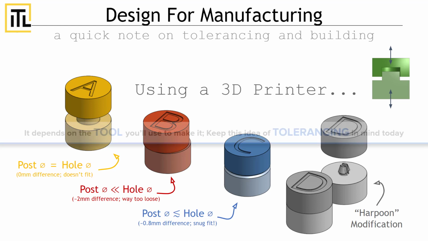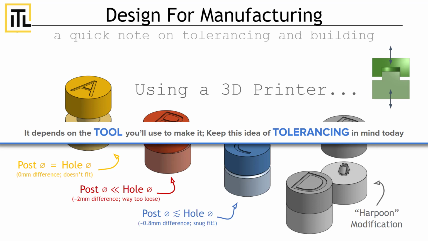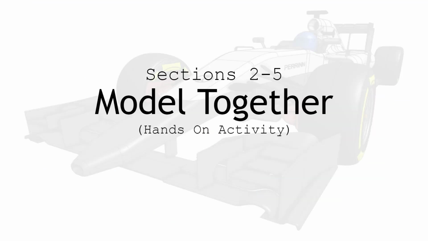Whatever the solution, just note that the tolerances needed to mate multiple parts together depends heavily on the manufacturing process. For instance, using a 3D printer, while fast and accessible in some cases, is far less precise than using a CNC mill. And with that, our foundation is laid for progressing to our hands-on activity.